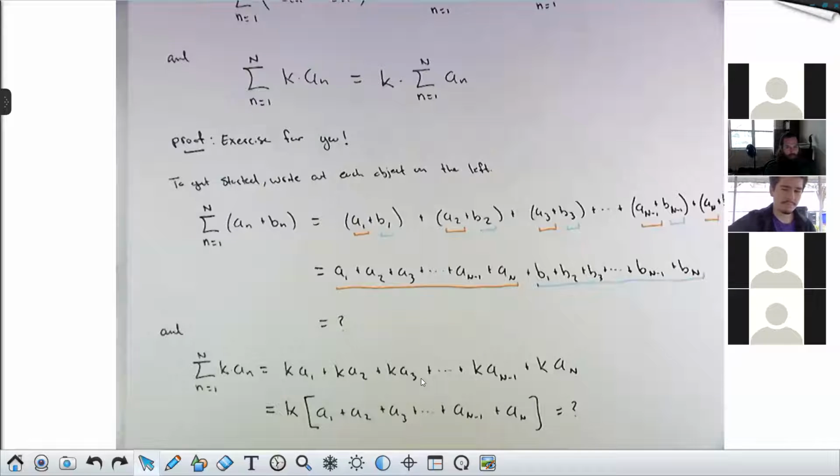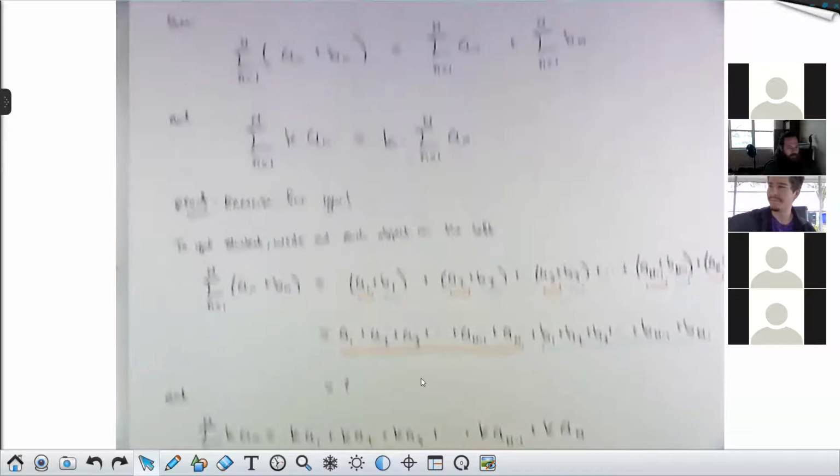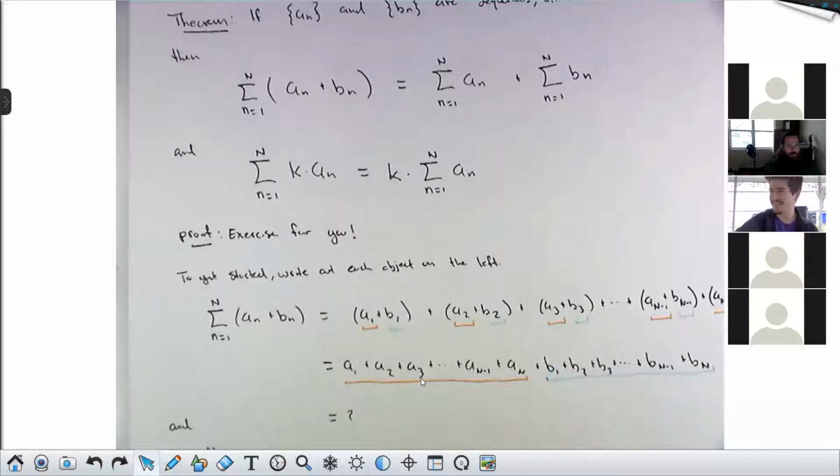All right. So I didn't actually see who said it, but the coolness here is that this really is the same as the rules for a definite integral, right? The integral from a to b of f of x plus g of x is the same as the integral from a to b of f of x plus the integral from a to b of g of x.